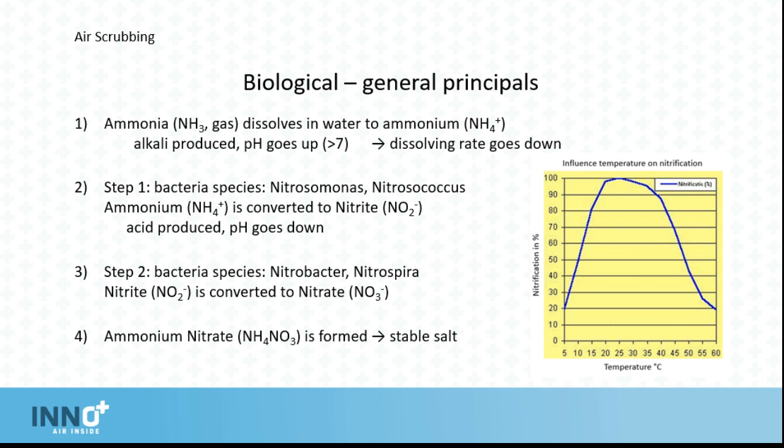So what is important is that the pH is neutral, around 6.5 to 7, and that the temperature, as you can see on the right side, is at the right level. From about plus 13 degrees Celsius to plus 43 degrees Celsius, the process is over 70%. But beyond that, so when it's colder or warmer, it goes down very rapidly.